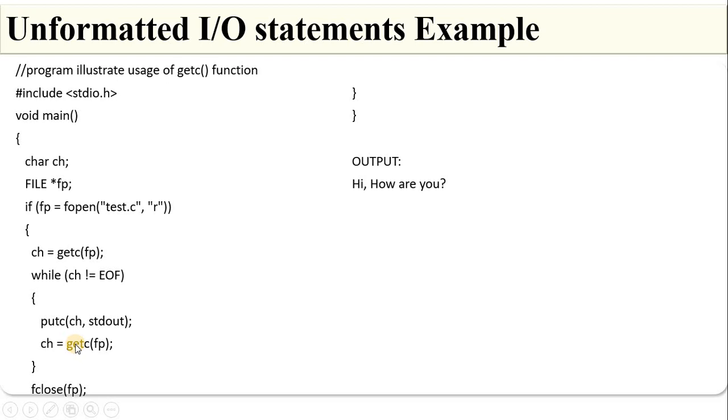Then it gets the next character, goes back up to the while loop, and checks whether that is the end of the file. If not, it gets inside and prints that onto the console. Like that it will go on, and the contents of the file test.c will be written onto the console. Then after that you are closing it, and this will be the output. Hope this is clear.